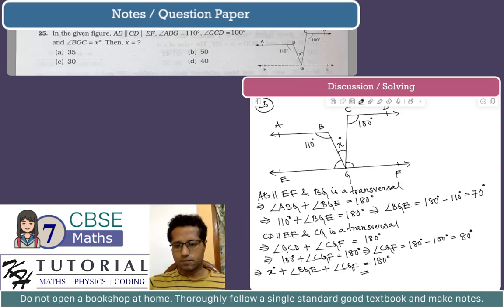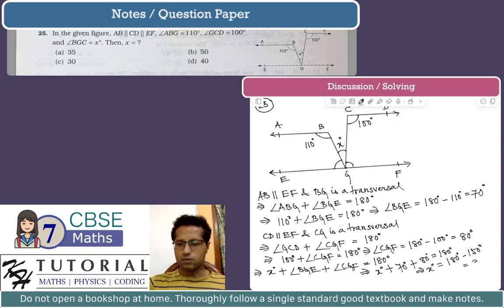So this implies X degrees, what is BGE? BGE is 70 degrees, and what is CGF? CGF is 80 degrees, is equal to 180 degrees. This implies X degrees is equal to 180 degrees minus 150 degrees.